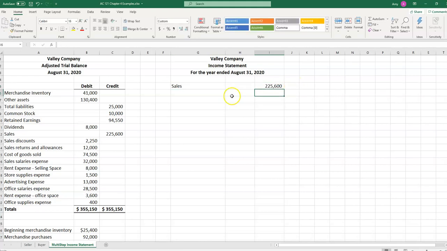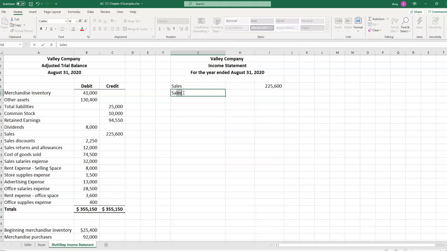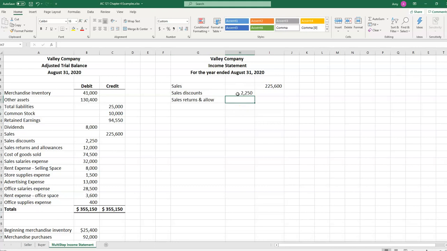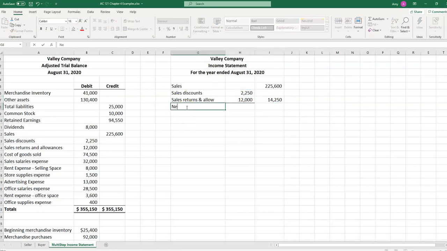So we have $225,600 in sales. Then we have those two contra accounts, sales discounts and sales returns and allowances. So we have discounts, $2,250 and $12,000 in sales returns. We add those together and we subtract that from sales to get the net sales amount.